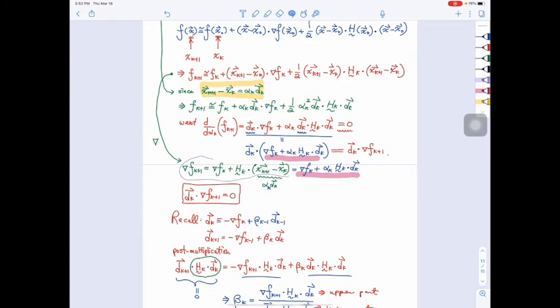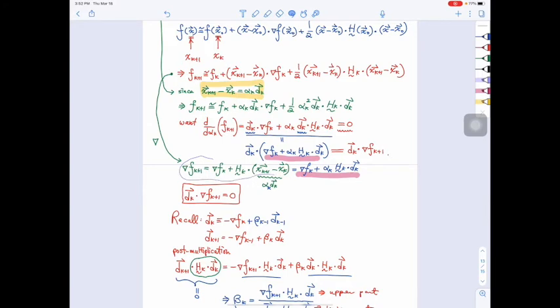Okay, and let's rearrange this. Alpha k here, gradient f k plus 1, gradient f k plus 1 minus f k plus 1. Just expanding those. Now we are going to do something with the second term.